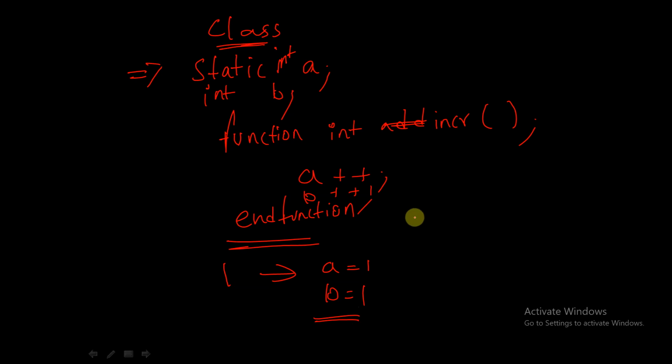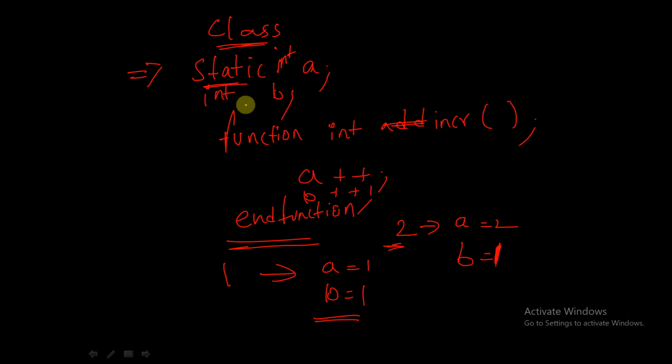If we call this function for the second time, as the property is declared as static, the same variable will be used for the second function call, so the value of a will be 2, but a different local copy will be created for b, so the value of b will be 1.